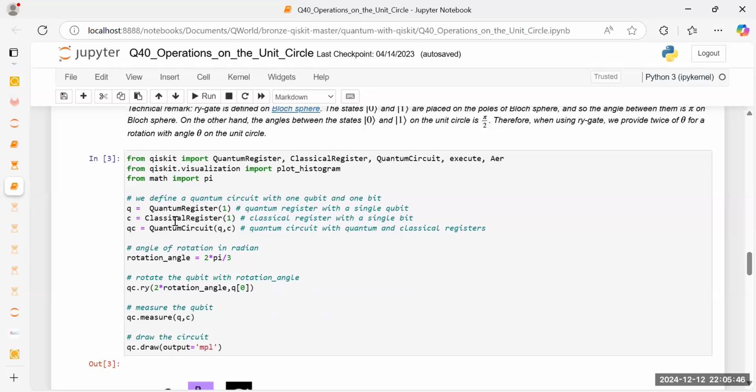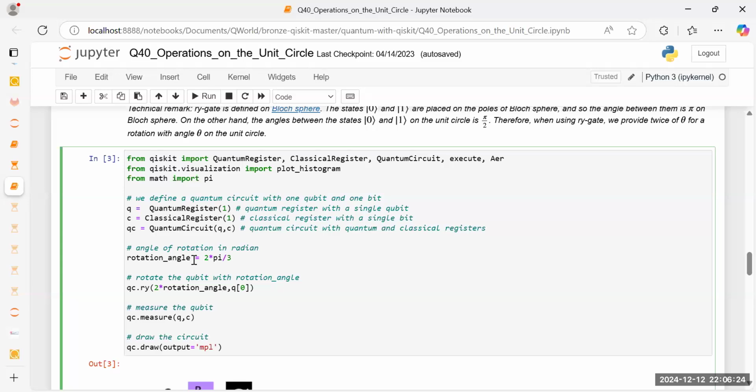So we have a circuit here to try this out. Our circuit consists of 1 qubit and 1 classical bit. When we want to perform the RY rotation, we specify the angle we want to rotate by, then we multiply it by 2, and we also specify the qubit that we want to perform the rotation on.